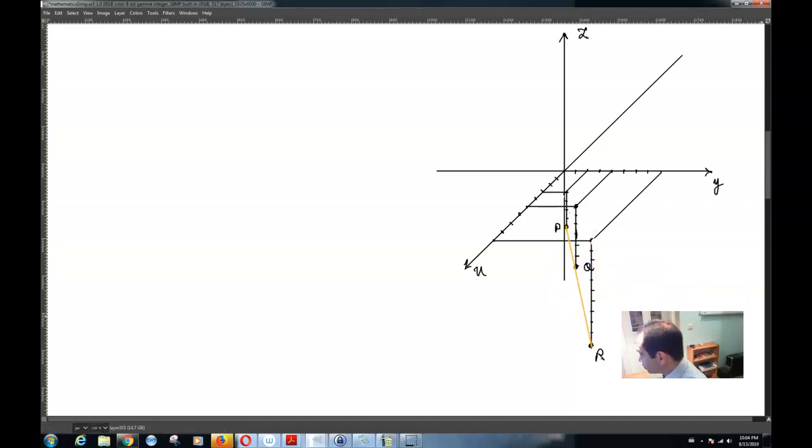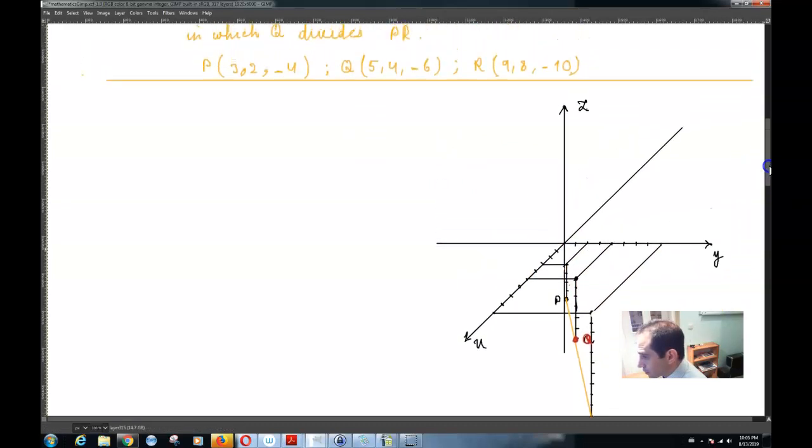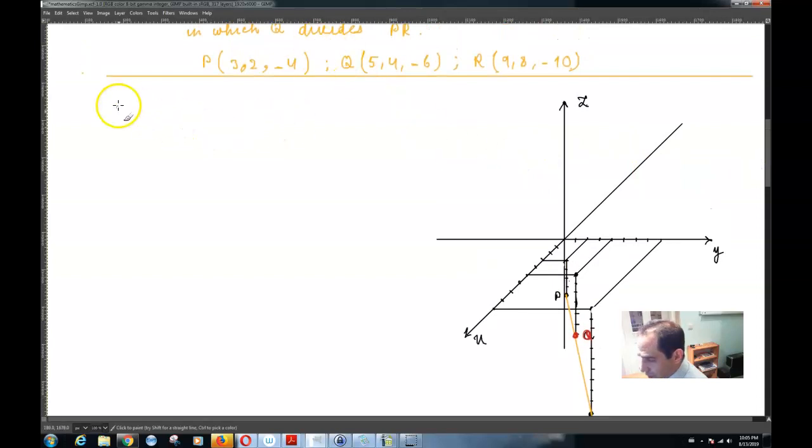This is the point Q. So in order to figure that out, you just use the section formula for internal division.